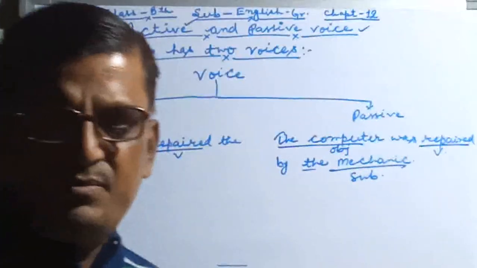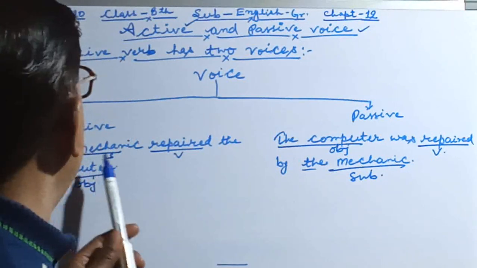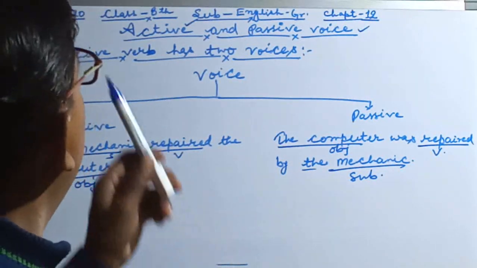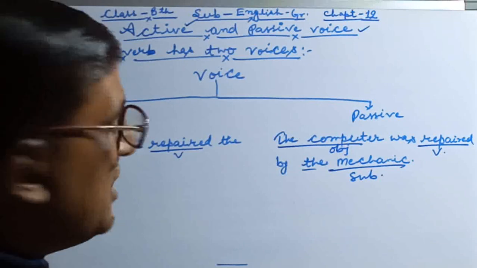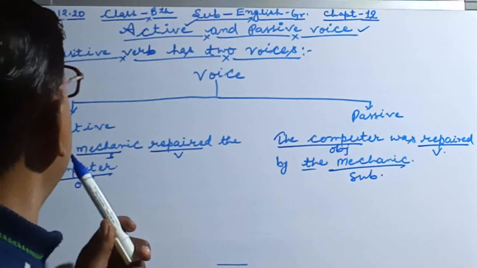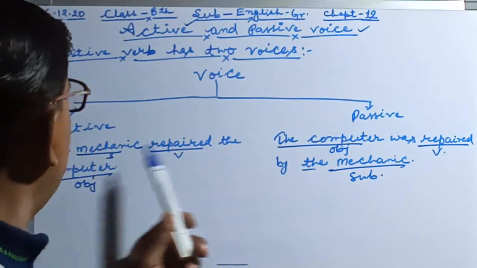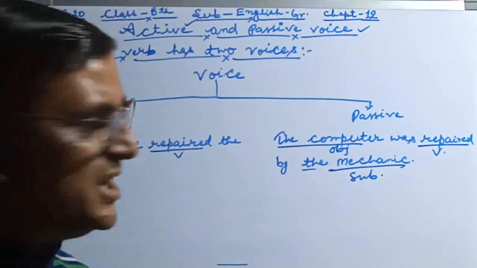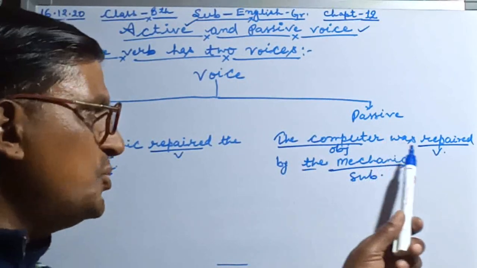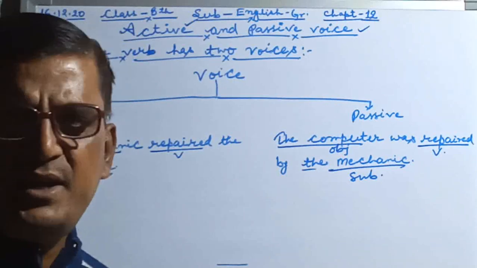Just a minute before, I discussed with you the transitive verb. There are two examples given here. The mechanic repaired the computer, and second, the computer was repaired by the mechanic.